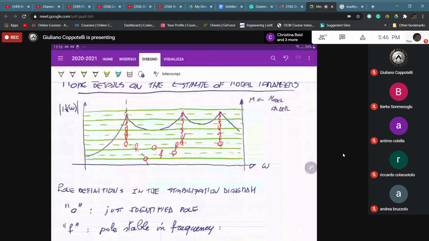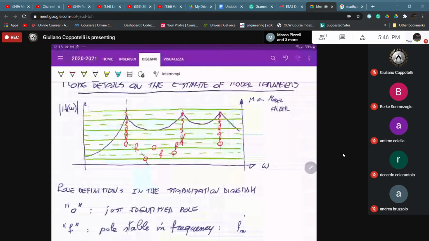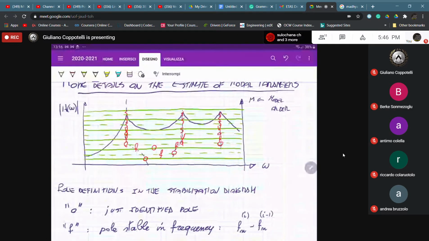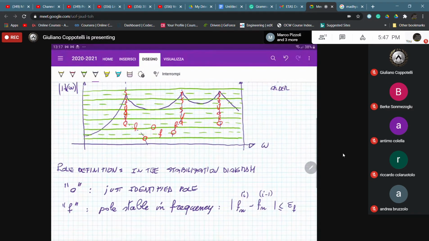That is, if you consider the natural frequency at the ith model order, and we compare that with the previous, i-1, model order, the difference in amplitude is less than a prescribed small quantity that is representing the stability in the frequency.